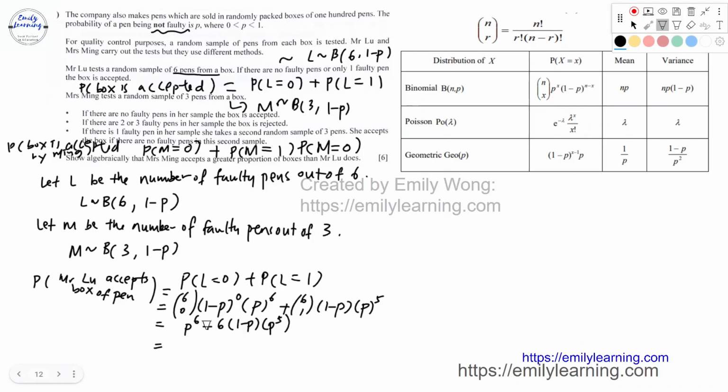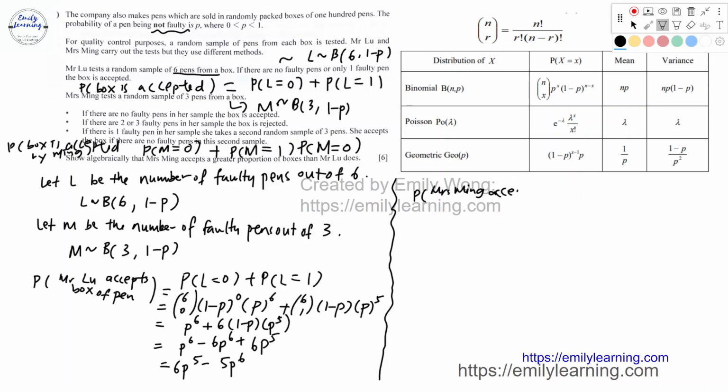Let me simplify it. I have P to the power of 6 minus 6P to the power of 6 plus 6P to the power of 5, which will give me 6P to the power of 5 minus 5P to the power of 6. Okay, next, let's find the probability of Mrs. Ming accepting a box of pen.